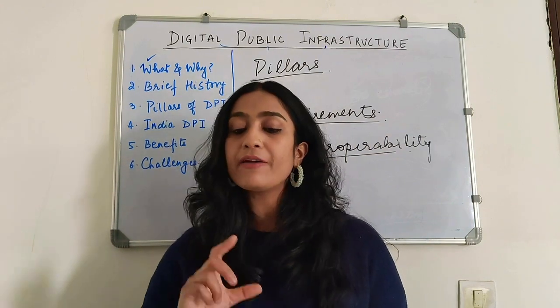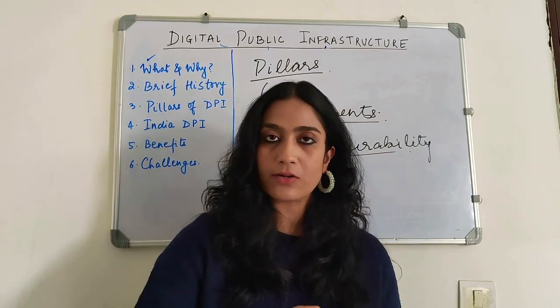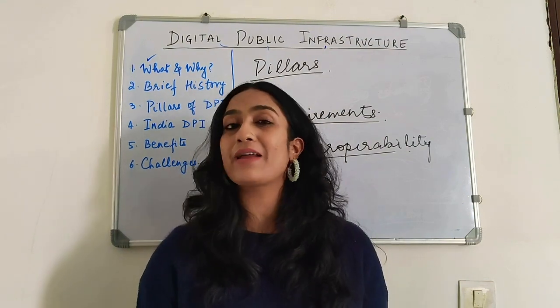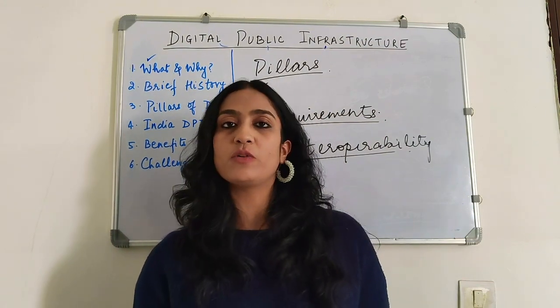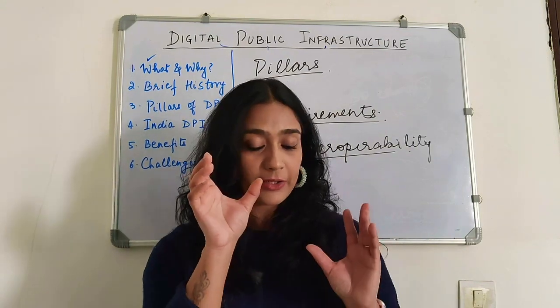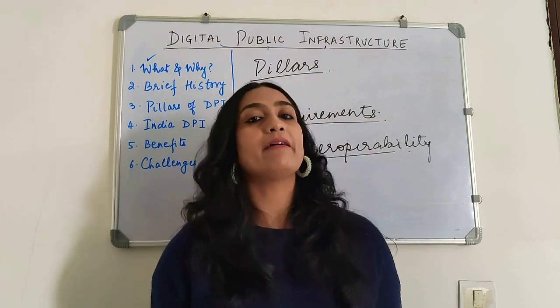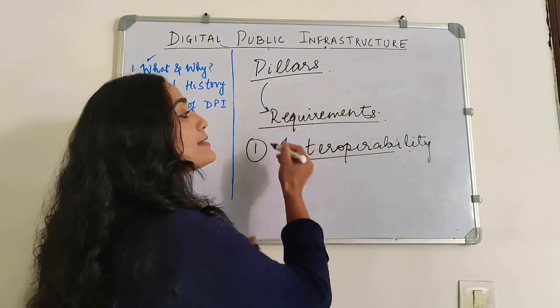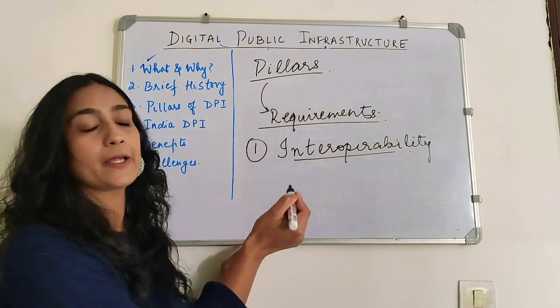On the other hand, if the QR code is interoperable, if there is interoperability in the market, then even small players can come in. They may have a small consumer base, but they will still be able to operate in the market because that QR code will be usable by everyone. So this interoperability is a desirable requirement from the DPI.